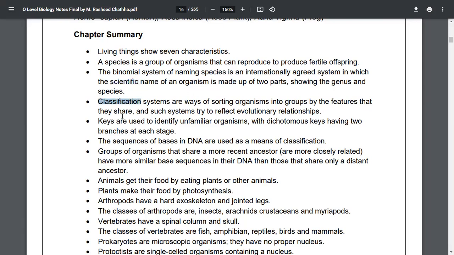Classification systems are ways of sorting organisms into groups by the features that they share, and such systems try to reflect evolutionary relationships. Keys are used to identify unfamiliar organisms, with dichotomous keys having two branches at each stage.